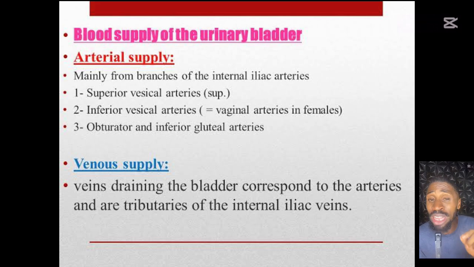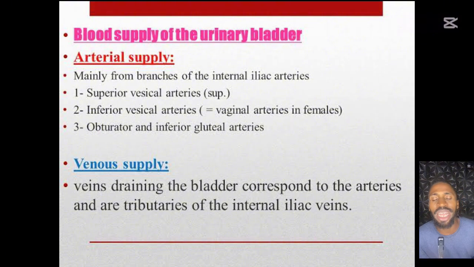In the female, it can also drain into the plexus located in the broad ligament, the uterine plexus, present at the back of the broad ligament. For males, the prostatic venous plexus. For females, the uterine venous plexus in the broad ligament. And entirely they all drain into the internal iliac vein.